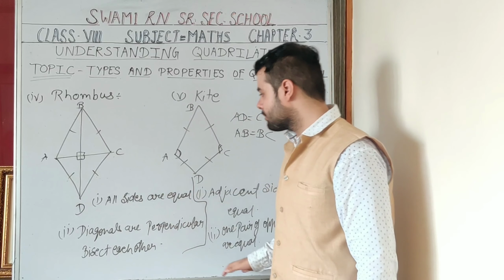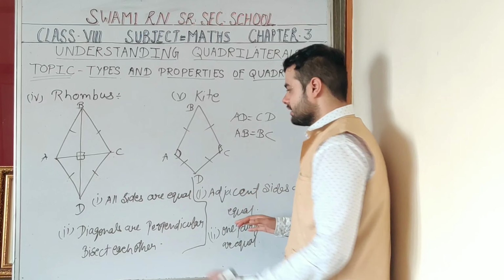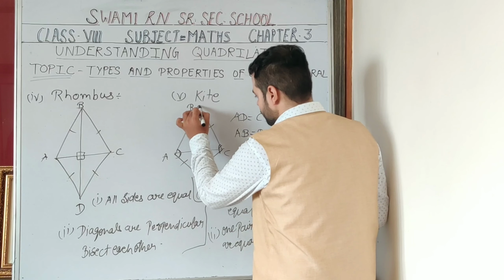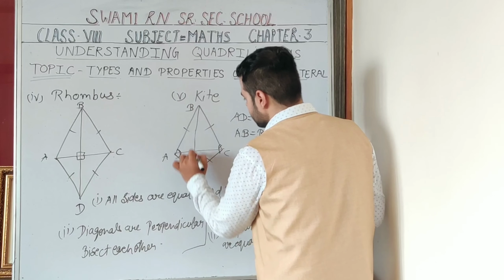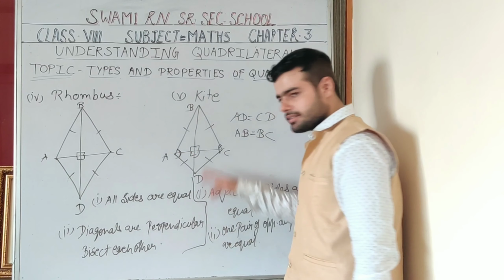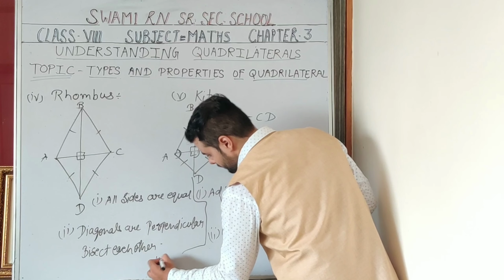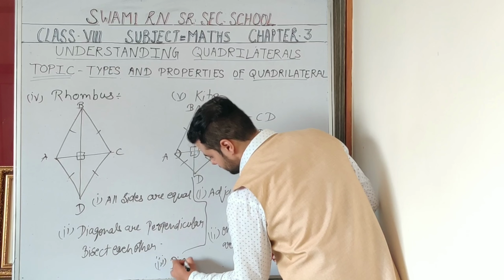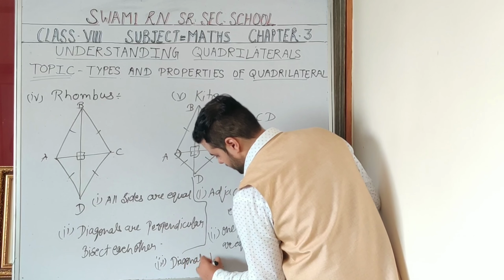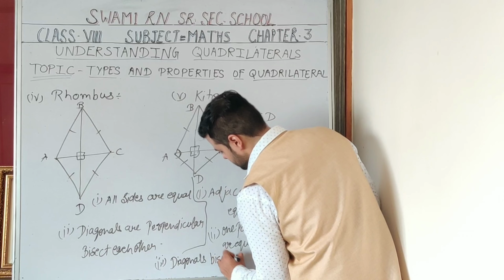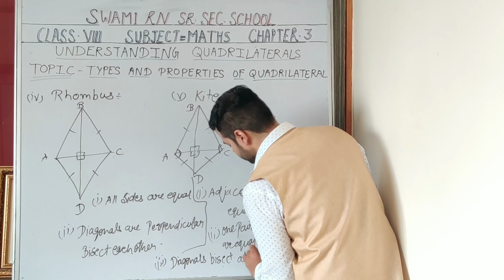That is the second property. And the last property is that the diagonals bisect each other at 90 degrees. You can see that is the third property, that diagonals bisect at 90 degrees to each other.